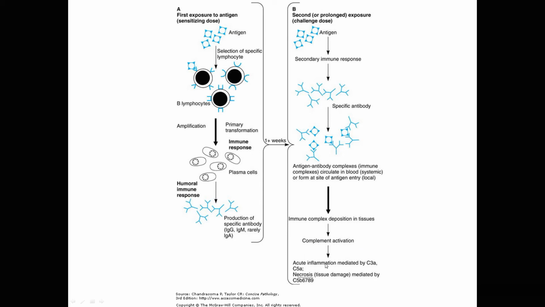Acute inflammation is immediately produced, mediated by C3a and C5a components of the complement. They are powerful inflammatory mediators, and also cause cell necrosis and tissue damage, mediated by the formation of the membrane attack complex, the MAC, formed by C5b to 9 components of the complement.